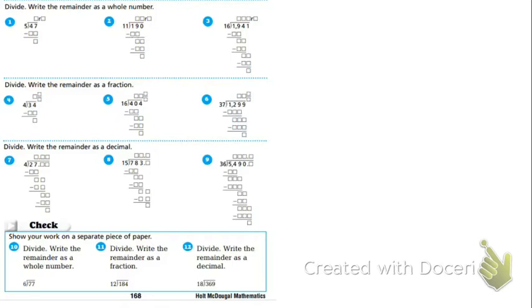Oh, and one more thing. For numbers 4, 5, and 6, they're asking you to write the remainder as a fraction. If you are unable to do that, if it doesn't give you the option for the fractional bar, I'd like for you guys to input it like this. Let's say, for example, your answer is 12 and 1/2. This is how I want you to put it, okay, please.